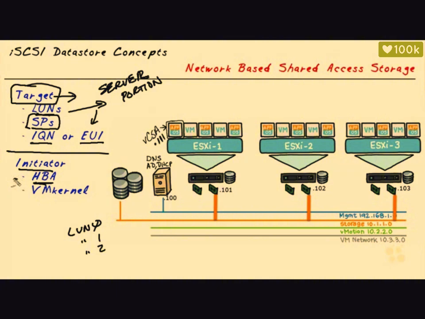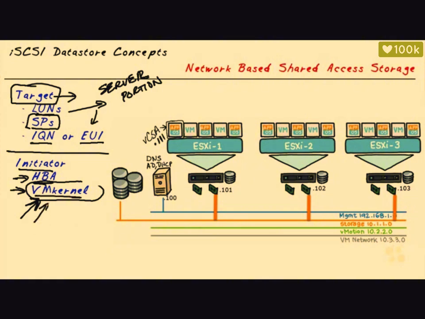We can create a virtual host bus adapter, and then we can use a traditional Ethernet adapter, for example, this one right here, to connect to the storage network. If we are going to use an Ethernet adapter, for example, a 10 gig or a 1 gig Ethernet adapter, for that connectivity to the storage network, we're also going to be setting up some additional VM kernel ports for the purpose of networking.